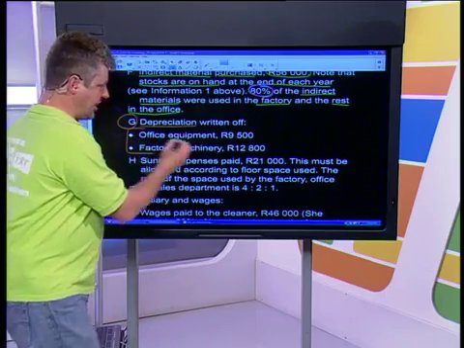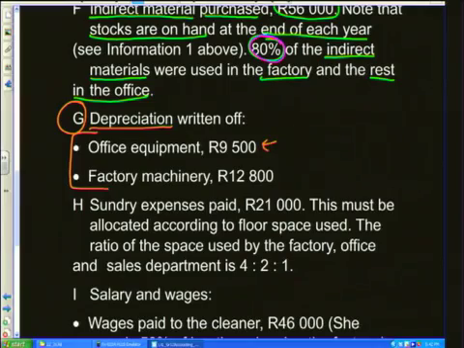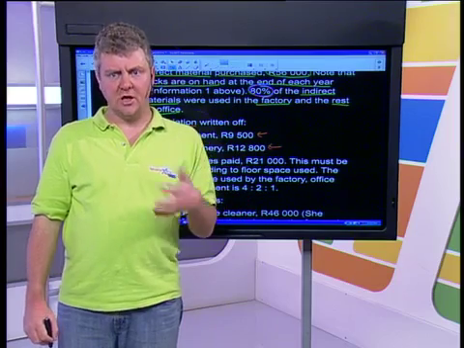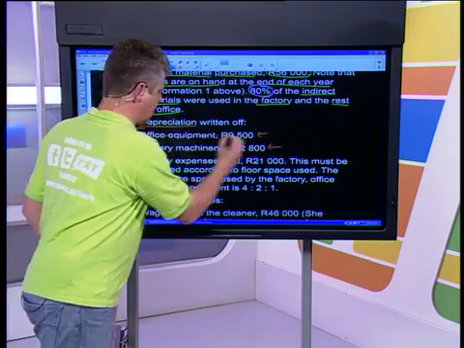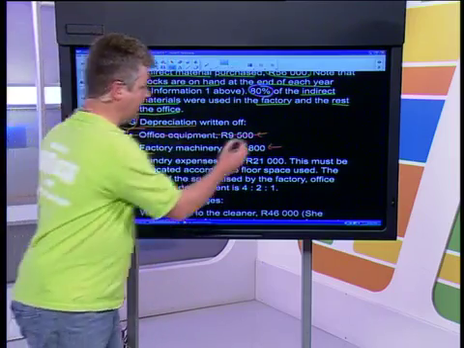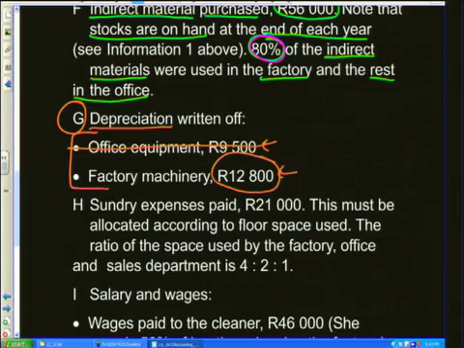They've given us the depreciation on office equipment was 9,500, and they've given us the depreciation on factory machinery of 12,800. Again, the same principle applies. We only include in our factory overhead note the information that belongs to the factory. So we can completely disregard and ignore the office equipment, and the only figure we're going to put in for our yearly depreciation is our 12,800 Rand that belongs to the factory.